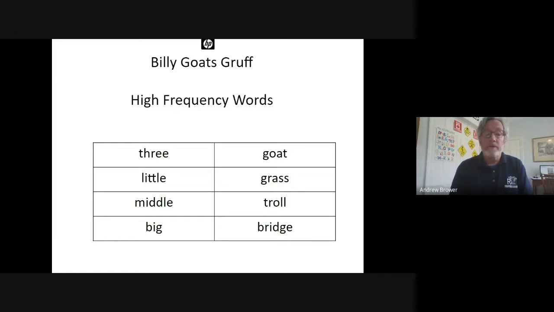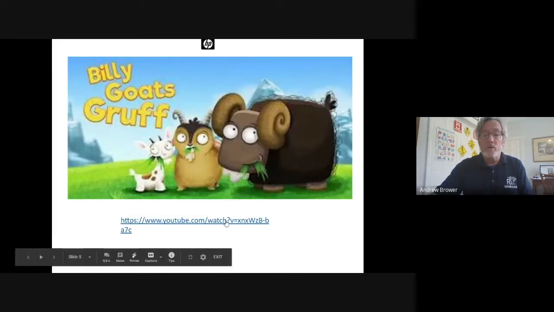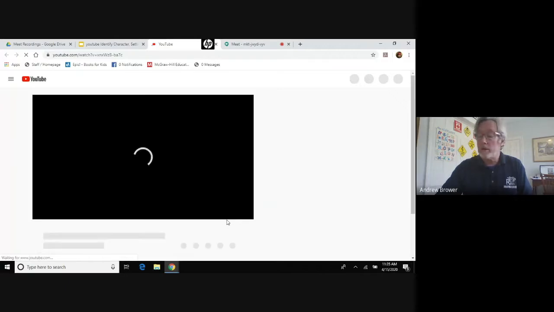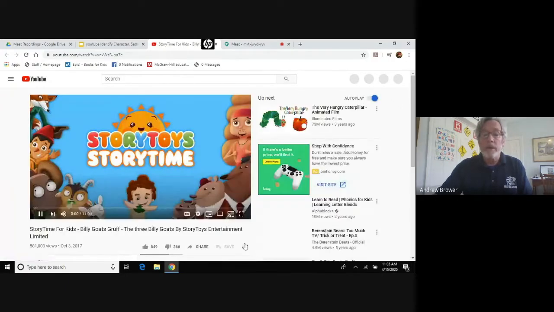So our high frequency words today are three, because there's three Billy Goats; goat, because of the goats; little, middle, and big. Those are the three types of the goats. The grass that they're trying to eat; the troll that lives under the bridge; and then bridge. The bridge is the main setting of the story. So let's go ahead and get started on the story, and we'll pay attention to those words, and also we'll learn about our character, setting, problem, and solution.